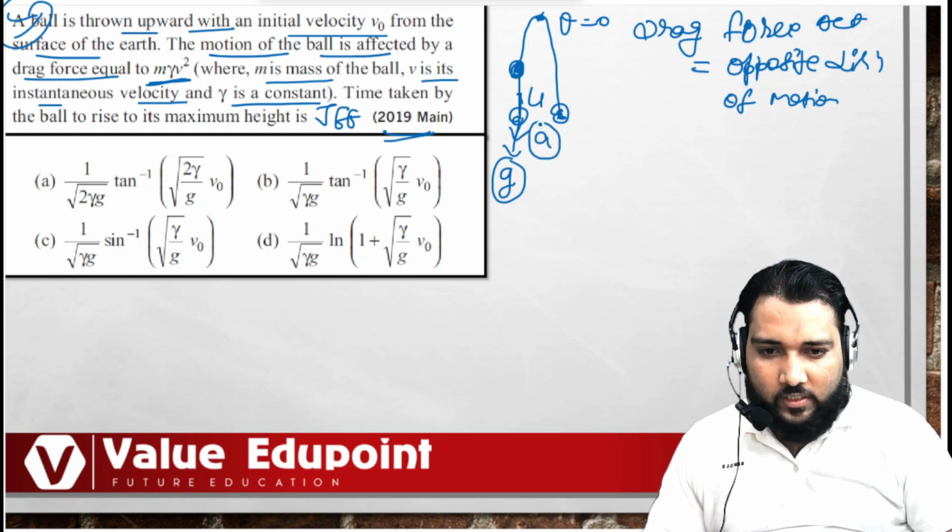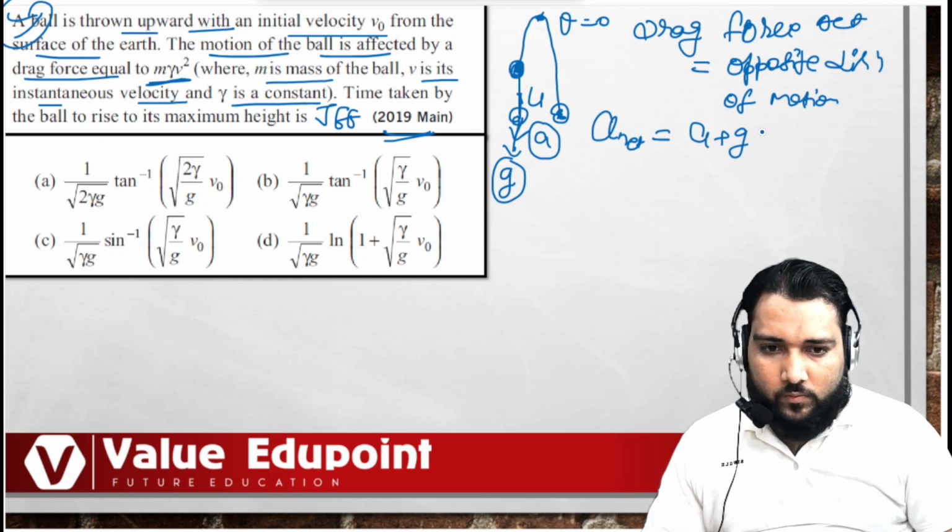I am assuming the acceleration due to drag force is A, which will also act downward. So the net acceleration on this body will be A plus g. Is it okay, guys? So this is the drag force, and the acceleration will be F by m, force upon mass.